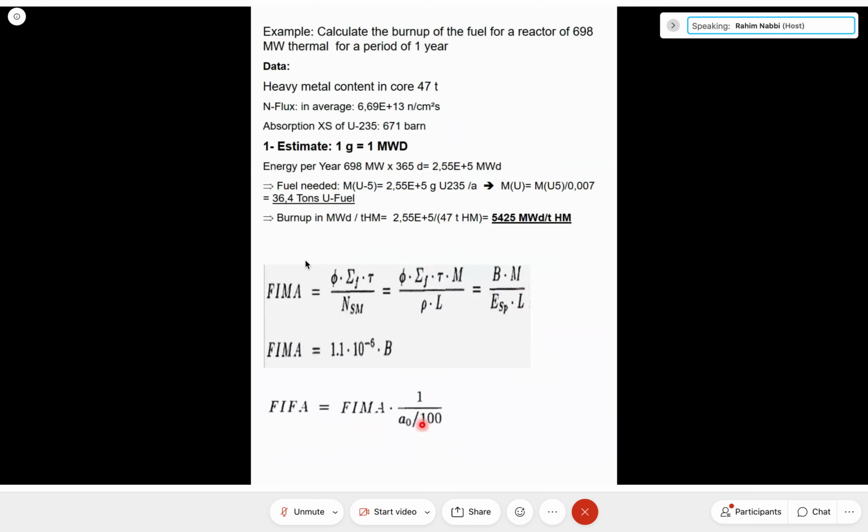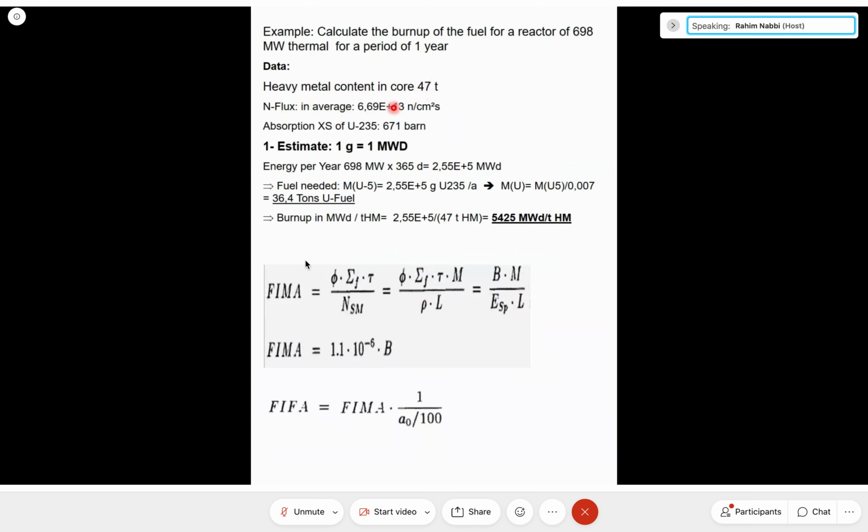So this example, you remember we solved during the first semester, but it is better to repeat it again. Calculate the burn-up of the fuel for a reactor of approximately 700 megawatt thermal for a period of 1 year. And you remember, the heavy metal content is given here, 47 tons.